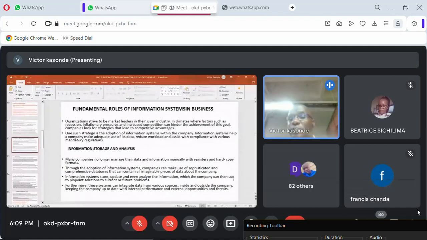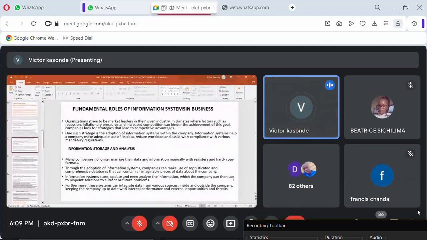Let us look at the fundamental role of information systems in business. Organizations strive to be market leaders in their given industry. In a climate where factors such as recession, inflationary pressure, and increased competition can hinder the achievement of these goals, one strategy is the adoption of information systems within the company.